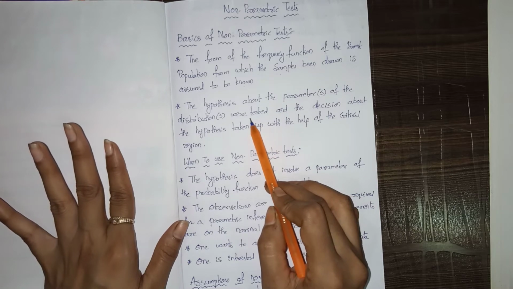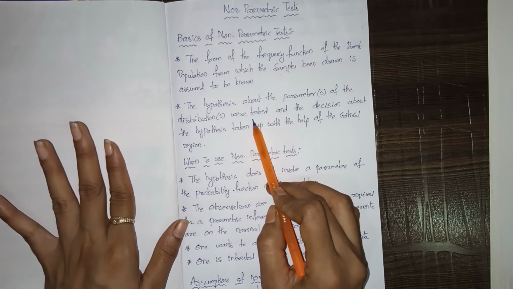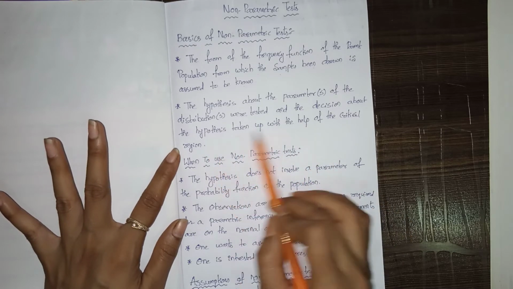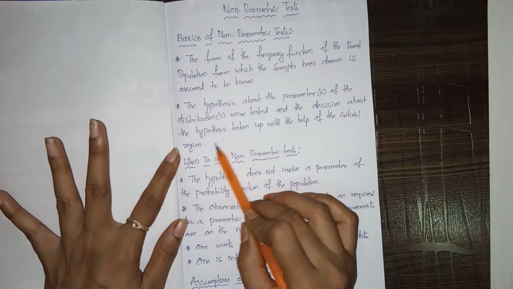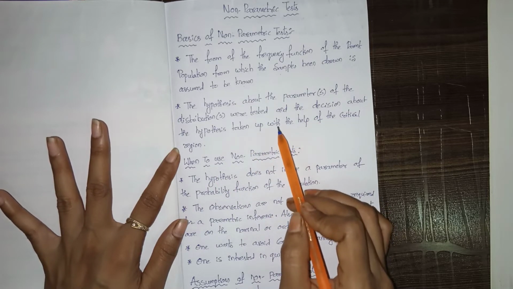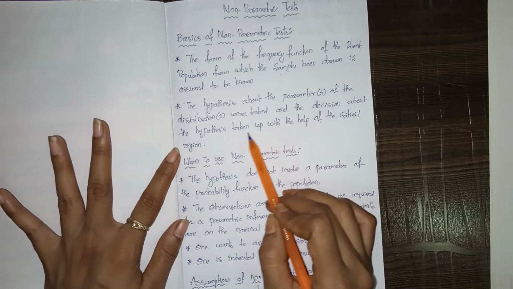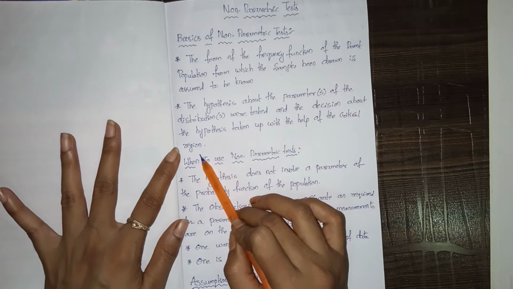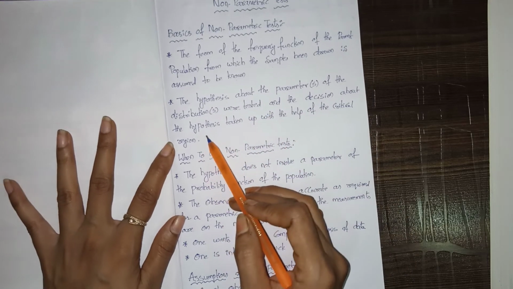We complete all this process, and at the conclusion we use the critical region. By knowing the critical region we can decide whether to accept or reject the given data. So we take decisions depending on the critical region. That is the second point.